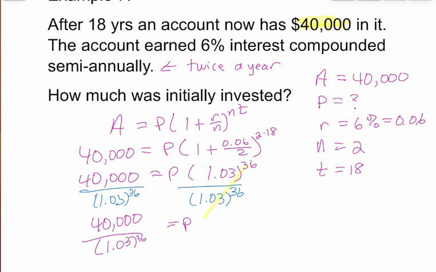So let's put my 40,000 in. I'm going to hit divided by 1.03 to a power of 36. And then I'm going to round that at the end. So the starting amount in the account, rounded to the nearest penny, is $13,801.30.